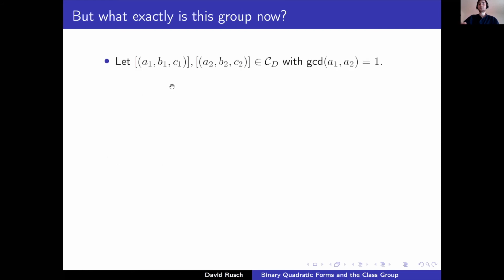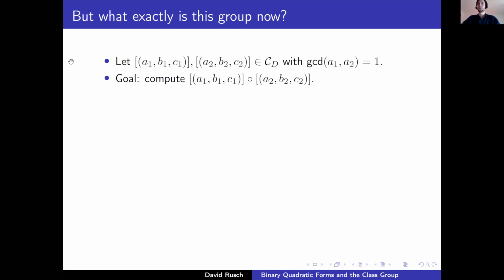So we want to take two forms here, or two classes of forms. And we can actually impose that the GCD of A1 and A2 is equal to 1. This corresponds to the property of being a good pair, as mentioned earlier. And so, yeah, we want to compute the composition of those two classes.